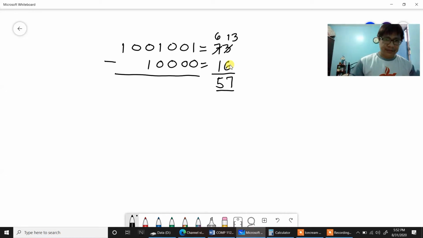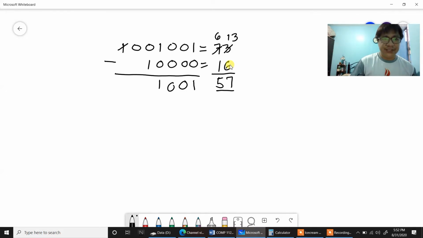Now let's try to solve the binary to see if we can come up with 57 as our result. So 1 minus 0 is 1, then 0 minus 0 is 0, 0 minus 0 is 0, 1 minus 0 is 1. Okay, same logic as our previous example.